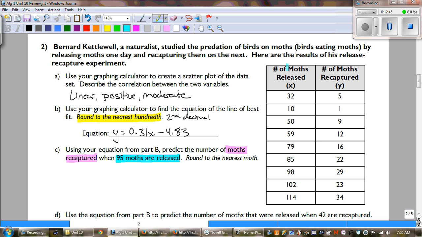Well, let's see. Up here it's saying that the released is X and the recaptured is Y. So that means that I've got the X. So I'm going to plug this value in for X. Okay, so go ahead and solve that.